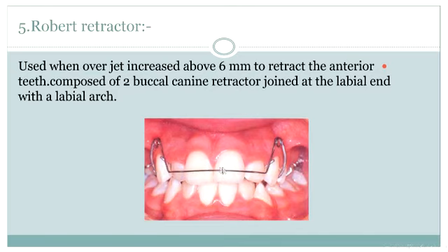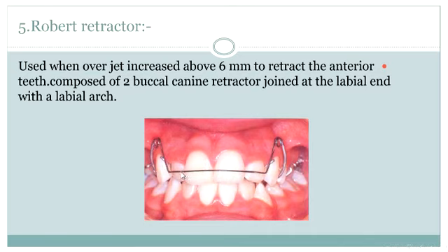The Robert retractor is constructed as a spring composed of buccal canine retractors with a labial bar connected. Buccal canine retractors are joined at the labial within a labial arch, as shown here in this picture.